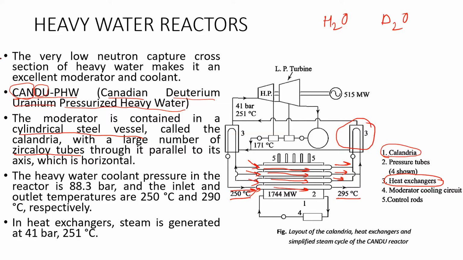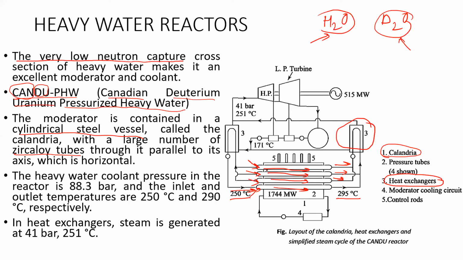So D2O has very low neutron capture, which means neutrons will not be wasted. So in place of H2O it uses D2O, but other restrictions are the same: whatever the temperature limits are on H2O, the same temperature limits apply to D2O.